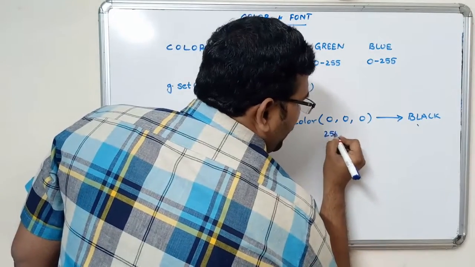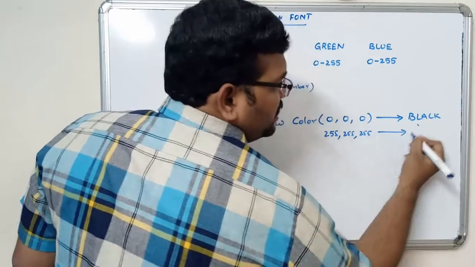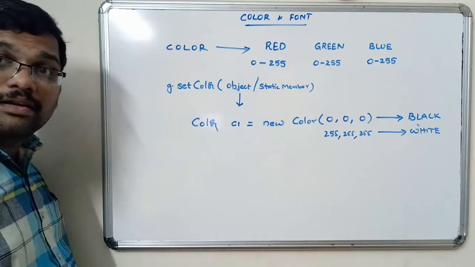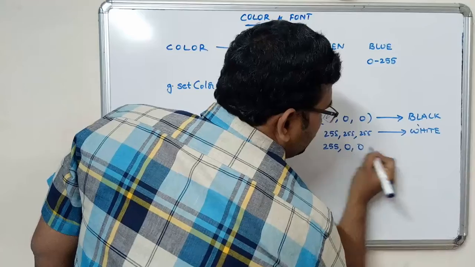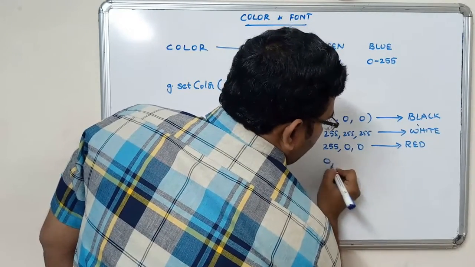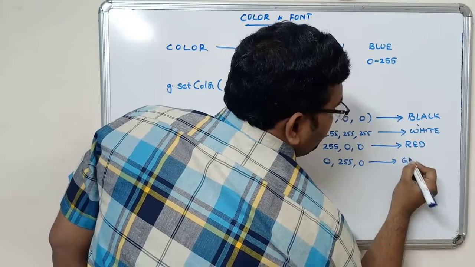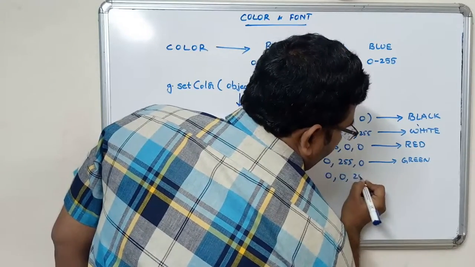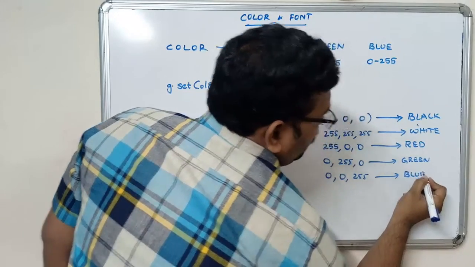If it is 255, 255, 255, the maximum ranges, it will reflect white color. If it is 255, 0, 0, it will reflect red color. If it is 0, 255, 0, it will reflect green color. If it is 0, 0, 255, it will reflect blue color.